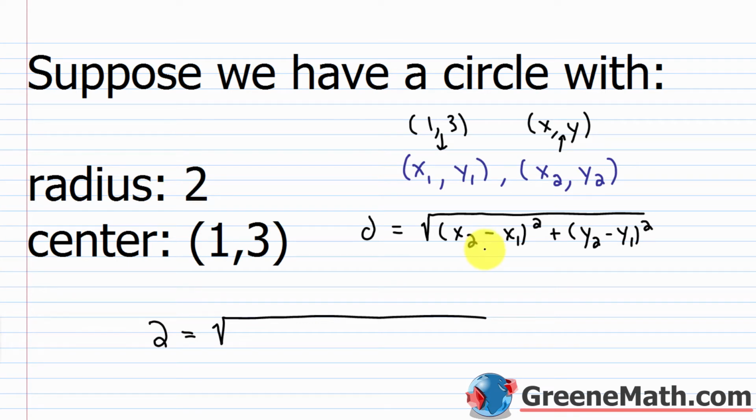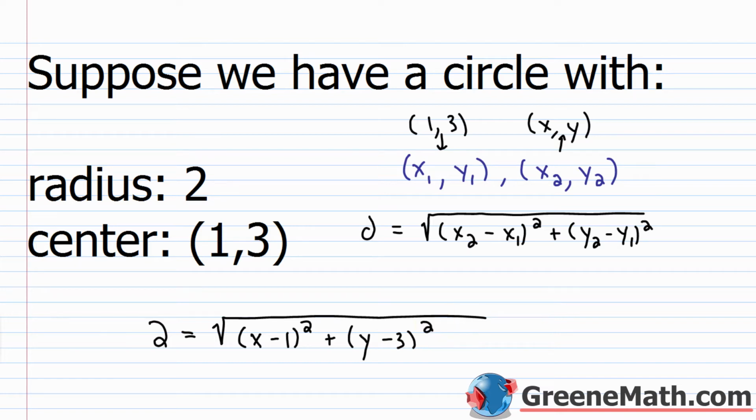Following this, x sub 2 minus x sub 1 squared: x sub 2 is replaced with x, and x sub 1 with 1, so x minus 1, that quantity squared, plus y sub 2, replaced with y, minus y sub 1, replaced with 3, squared. So far, it's not where we need it to be.